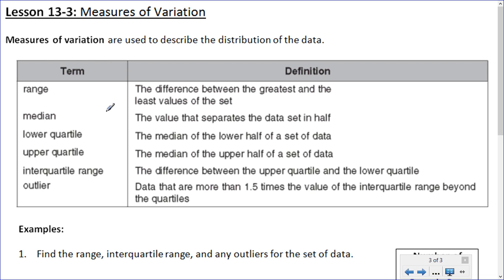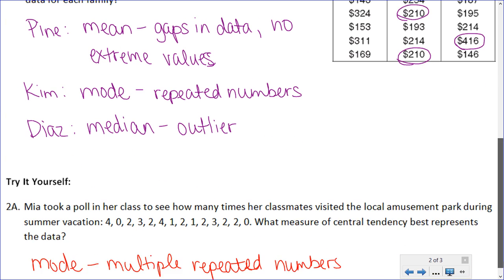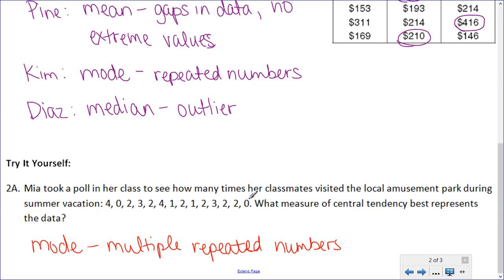So these are each terms that we'll use to describe the variation. So you have the range, which is one of the things I mentioned, the difference between the greatest and the least values of the set. So for example, that last try it yourself problem had a very, very small range. Even though there were a lot of numbers here, they only ranged from 0 to 4. So that would have a range of 4, very small.